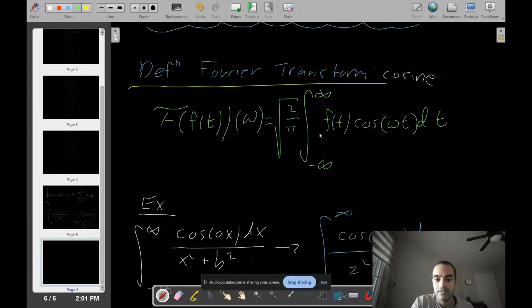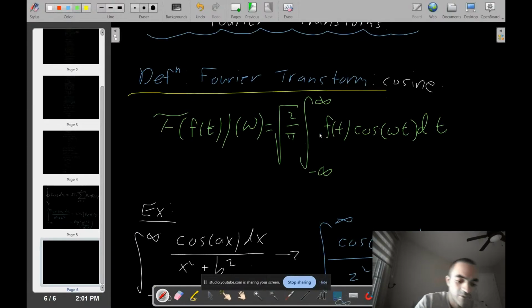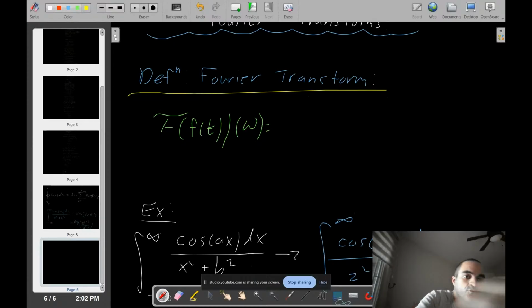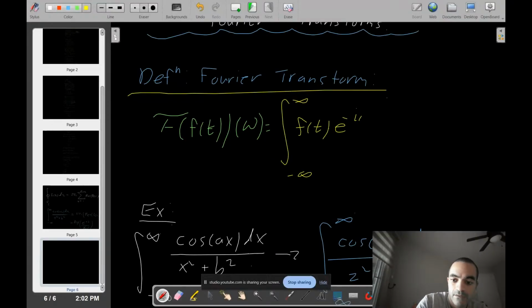I could also have said, you know what? Let me go back here. I'm not going to say Fourier cosine, I'm saying it's regular Fourier transform. Okay, I don't even need that. So regular Fourier transform, right? So integral from minus infinity to infinity of f as a function of t, e to the negative i omega t dt.